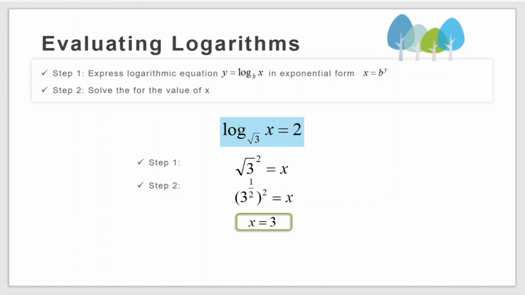So express it into exponential form. So we have, okay, square root of 3 raised to the power of 2 is equal to x. And then, for sure, alam niyo naman na yung square root is equal to 1/2. So, in-express lang natin siya into 1/2 para makita nyo na maka-cancel siya. Okay, maka-cancel siya. Kaya, x is equal to 3.